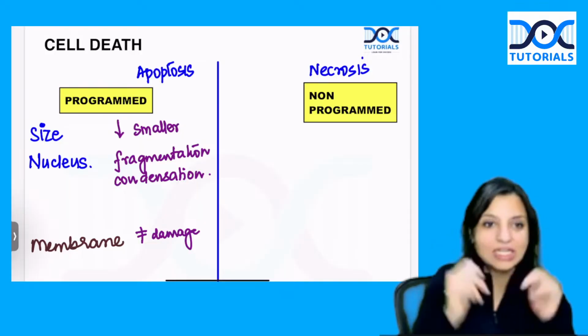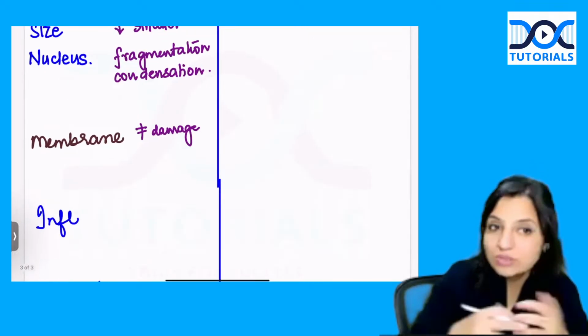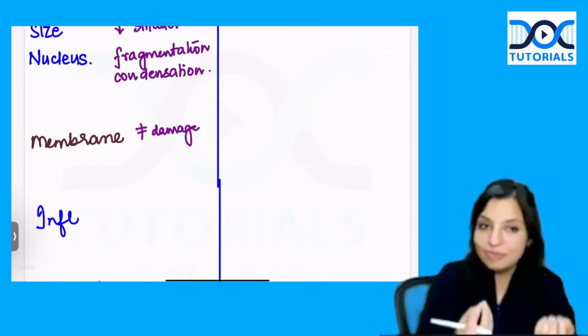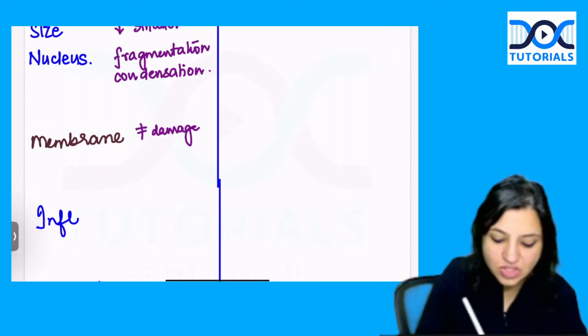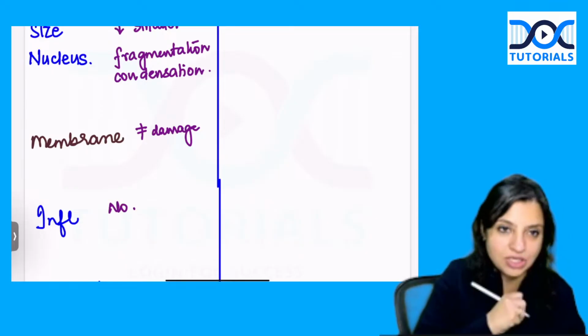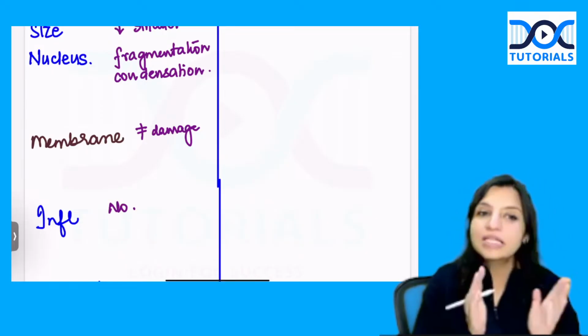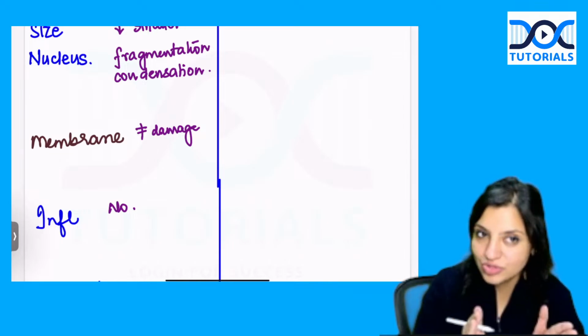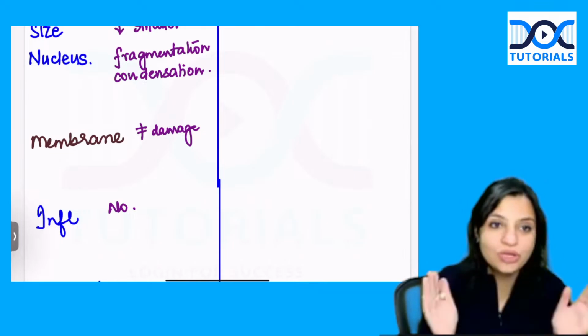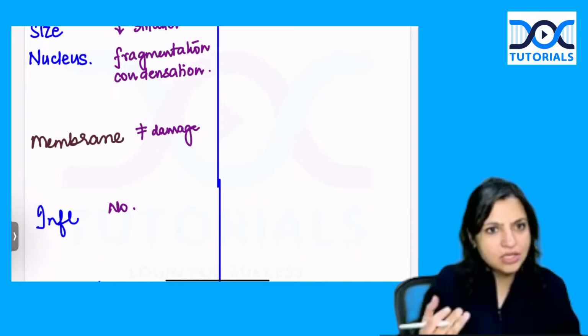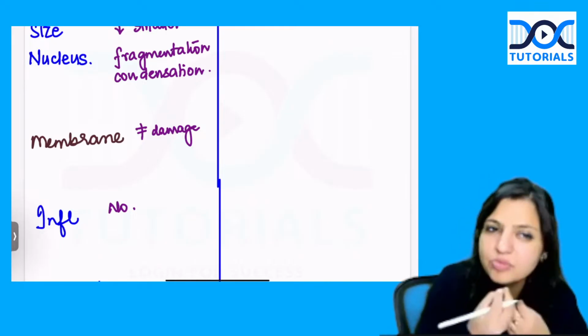So it's a very secretive thing. So here we have no inflammation, because nobody should come to know that the cell is going to do suicide. So no inflammation, and this is a very silent process.